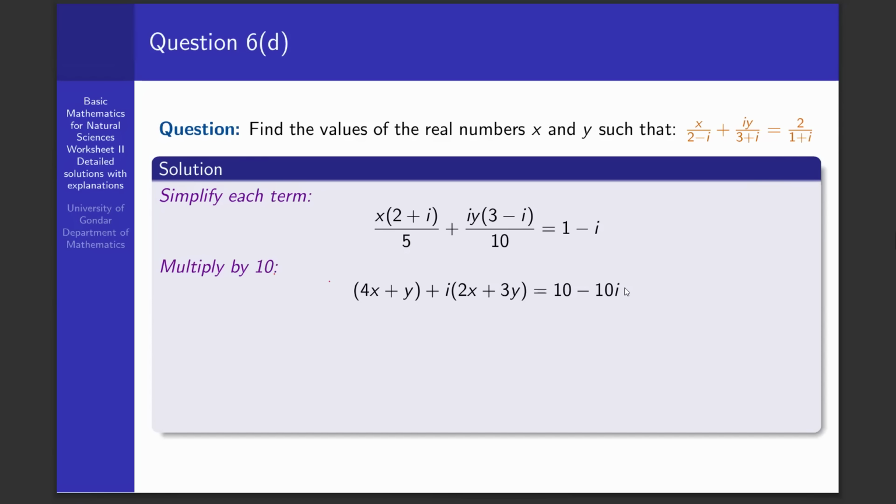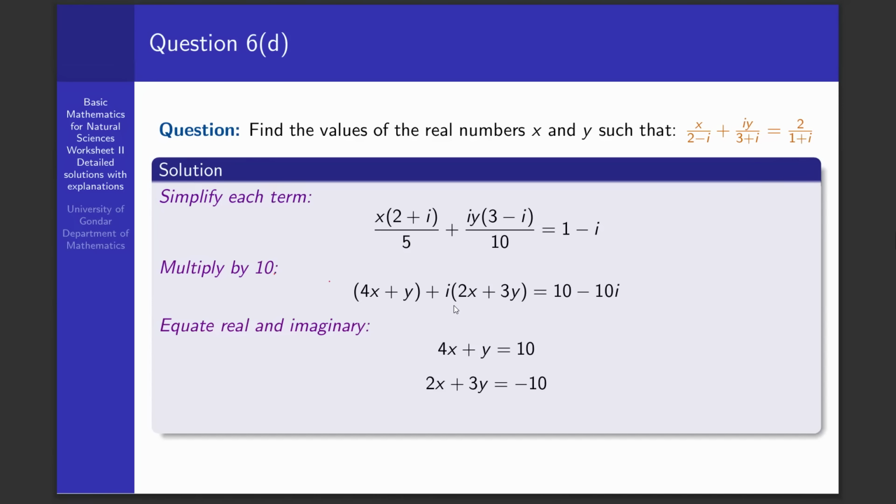Then let's equate as usual the real and the imaginary parts. The real part of this complex number is 4x plus y, which must be identical with 10. And the imaginary part 2x plus 3y must equal the imaginary part of the other side, which is minus 10.